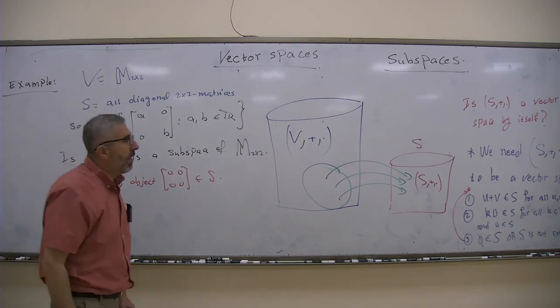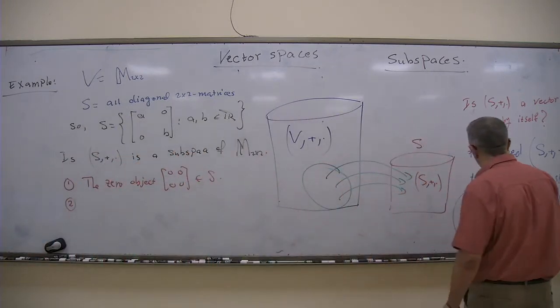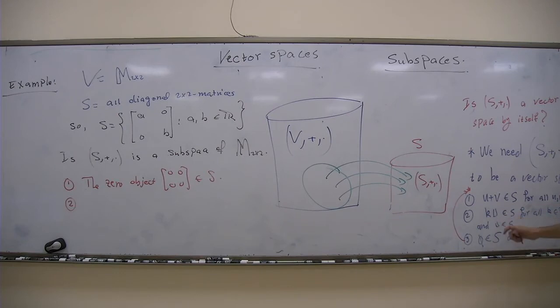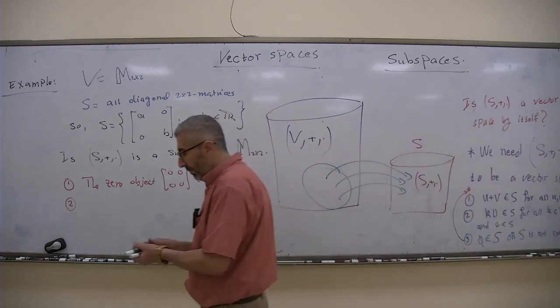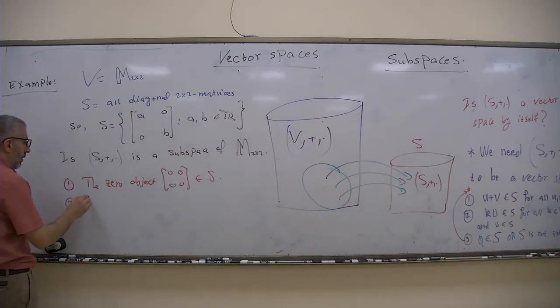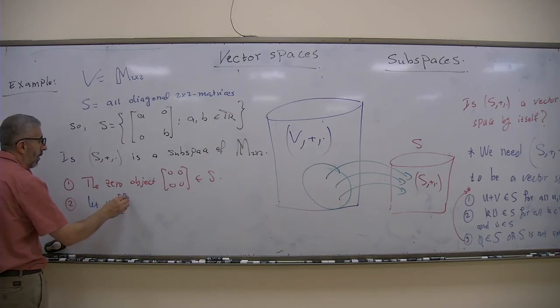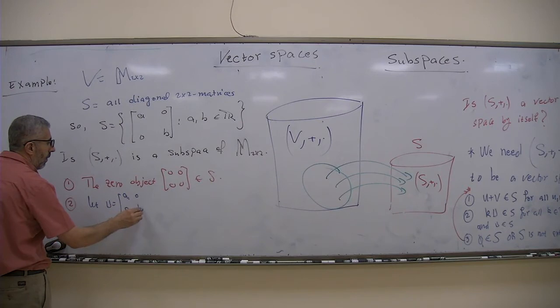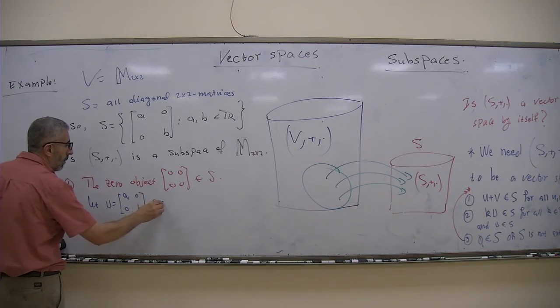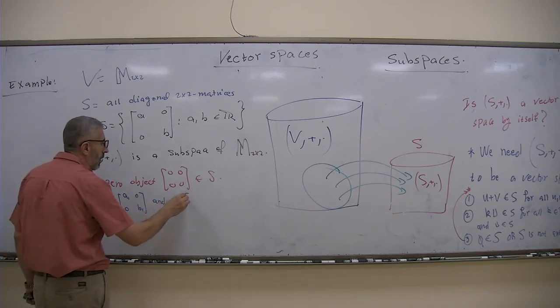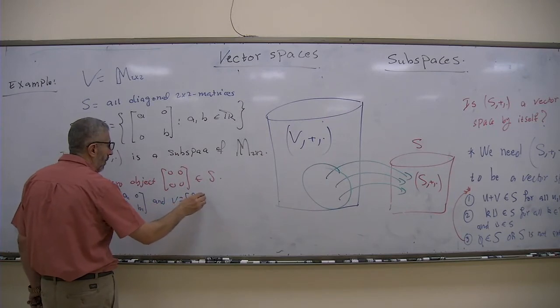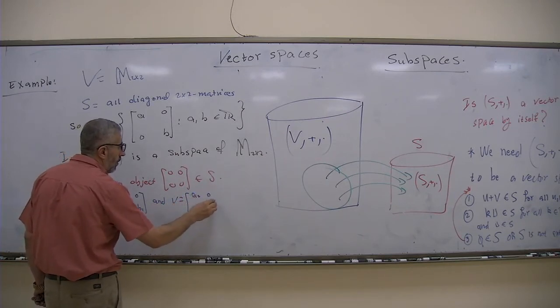Number 2. You know, guys, some people like to combine this and this together, U plus KV, and write them like this. Let U equal A1, 0, 0, B1, and V equal A2, 0, 0, B2.